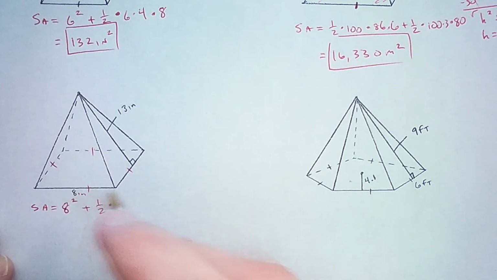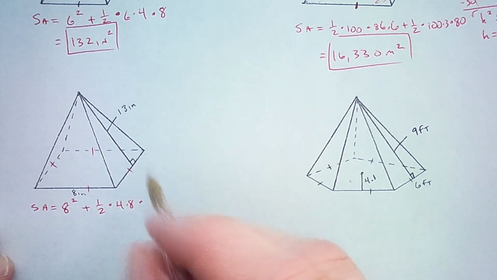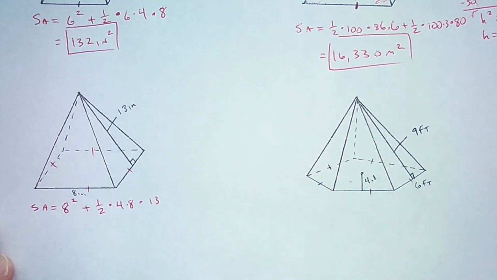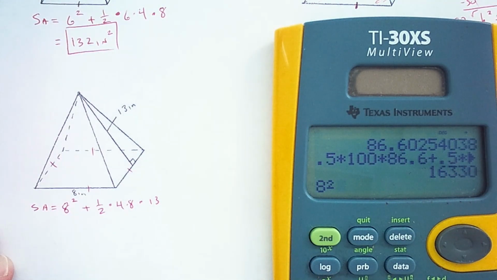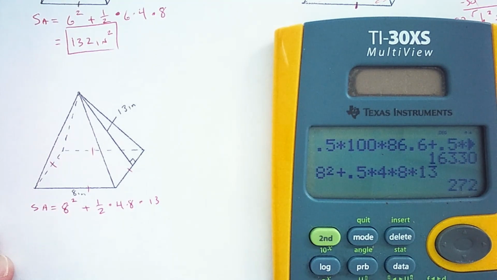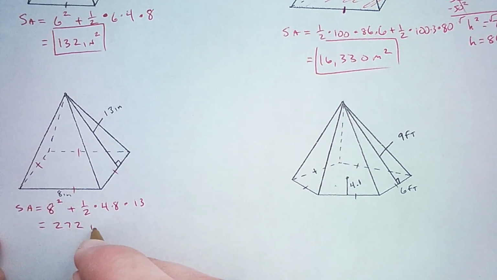There are 4 sides to this base, each one is 8, so that's 4 times 8 for the perimeter, times the slant height, which is 13. So 8 squared plus 0.5 times 4 times 8 times 13 is 272. So we have a surface area of 272 inches squared.